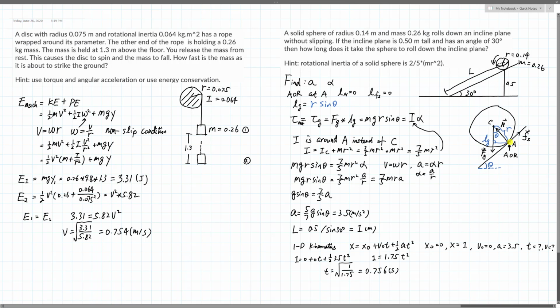It also requires us to find the rotational inertia not through the center of mass, but through where it's rotating. With all that together, our goal was to find the acceleration or angular acceleration, and with that found, we can use 1D kinematics. We start from rest and go the whole length of the inclined plane to find out how much time it takes to get there.